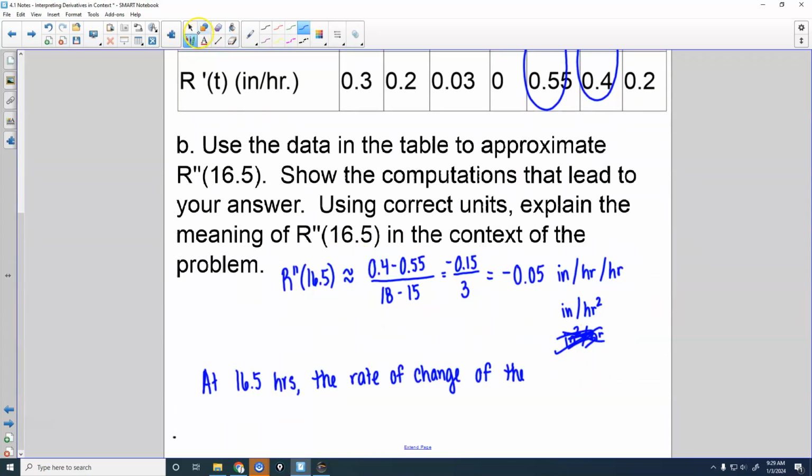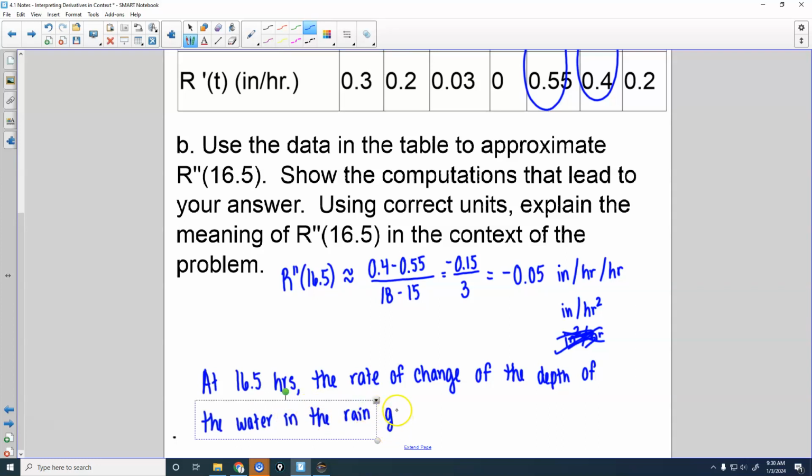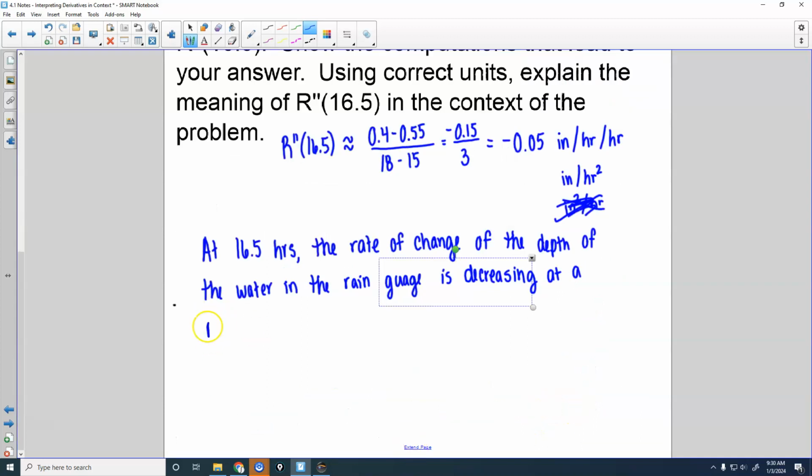That's always probably of the depth of the water in the rain gauge is decreasing at a rate of 0.05 inches per hour.